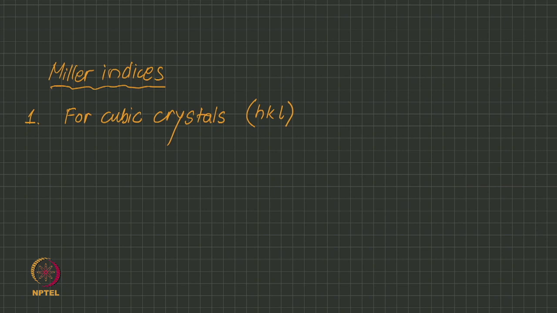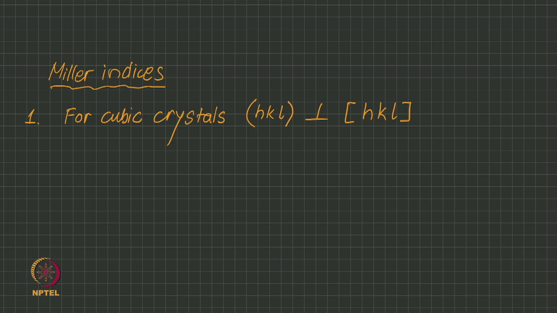Now, for cubic this is very simple, because the plane HKL is always normal to the direction, sorry, made a mistake here, direction HKL itself. Direction HKL, so, same indices.